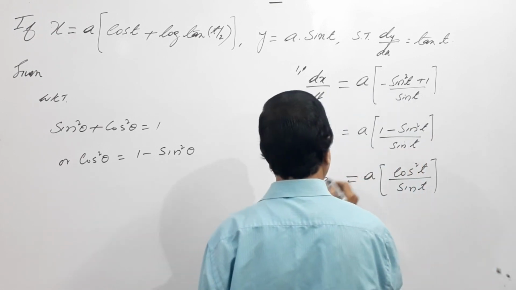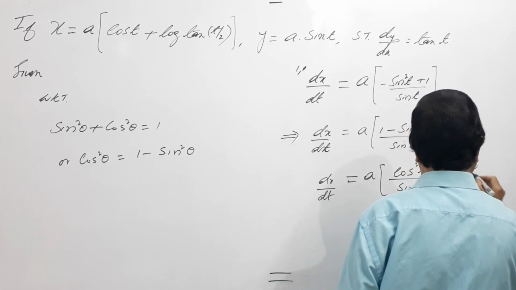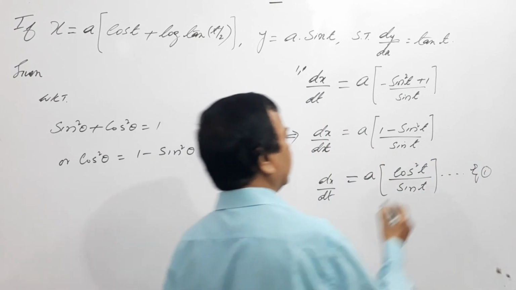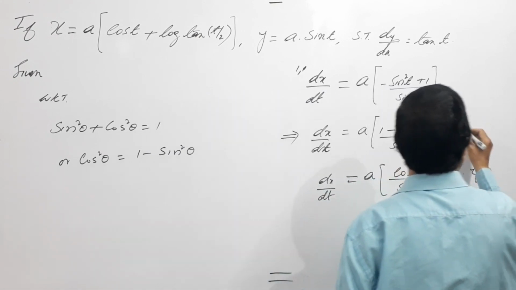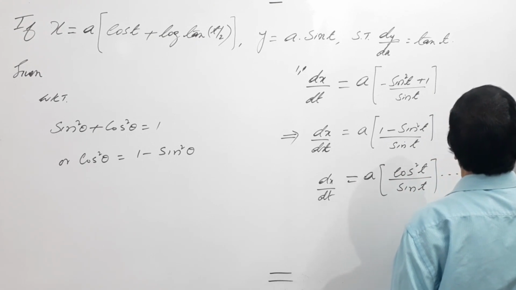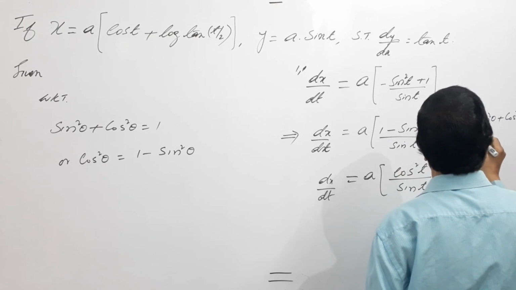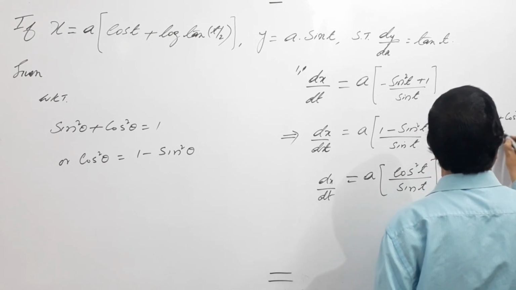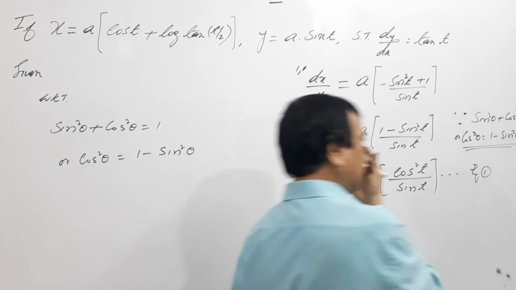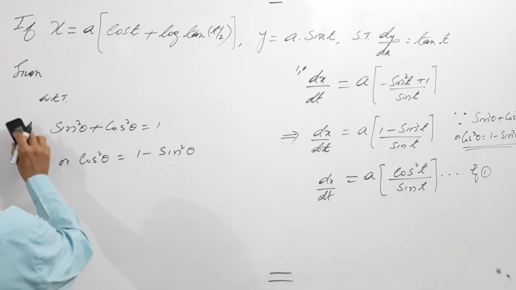This is our dx by dt. I call this equation 1. Since sin square theta plus cos square theta equals 1, I use that relation here. So I'll rub this.